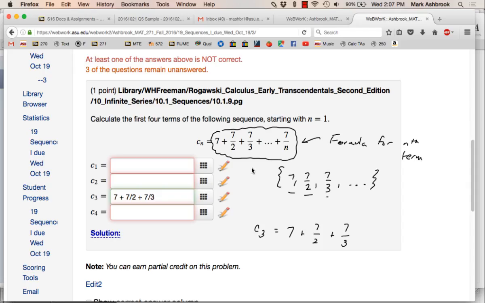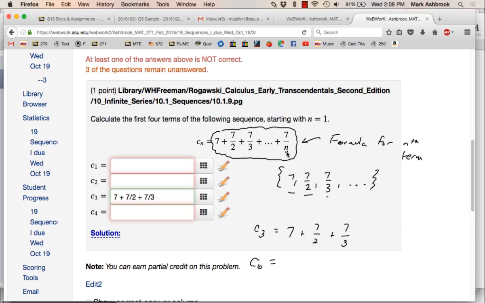Yes, sir. So C2 would be 7 plus 7 over 2. Right. Yeah. So this is the formula for the nth term. So if it's n equals 2, then you're going to do this sum until you get 7 over 2. The light bulbs aren't going off. So, I guess it's easier when longer. So what would be C of 6? C of 6 would mean this is the formula for when n equals 6.